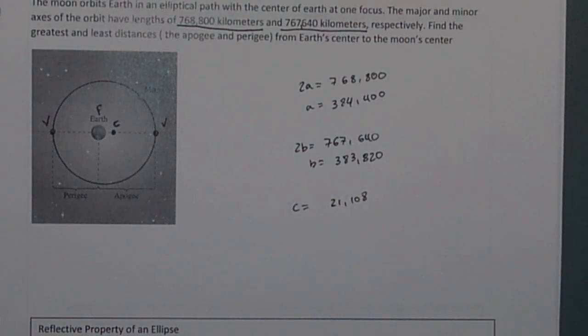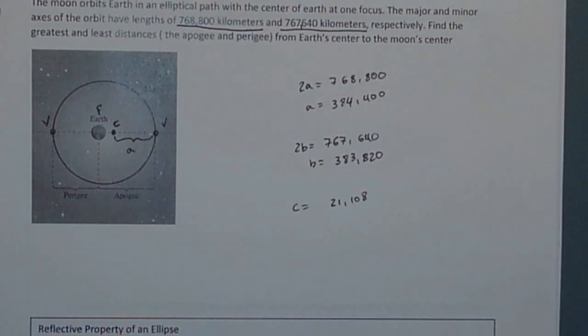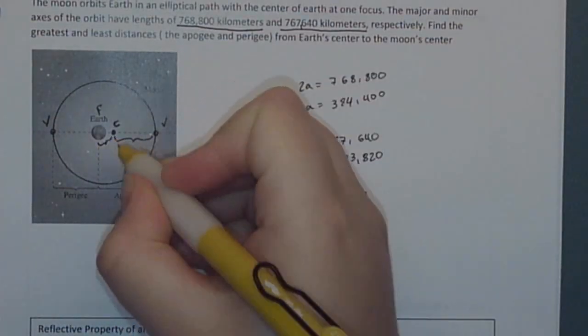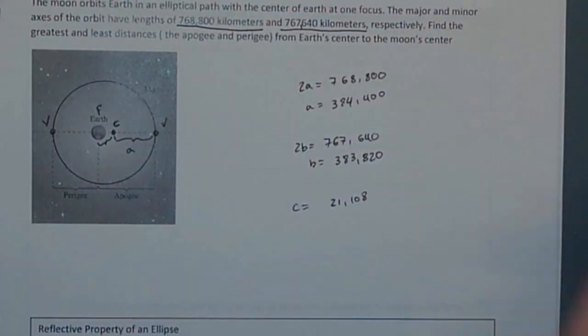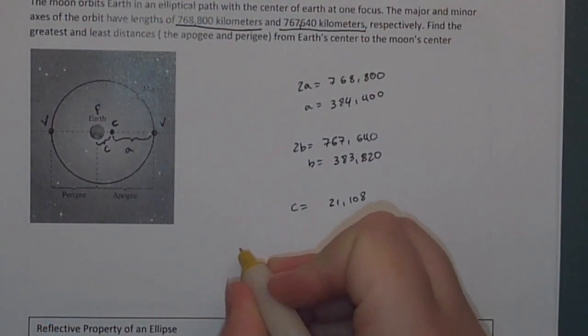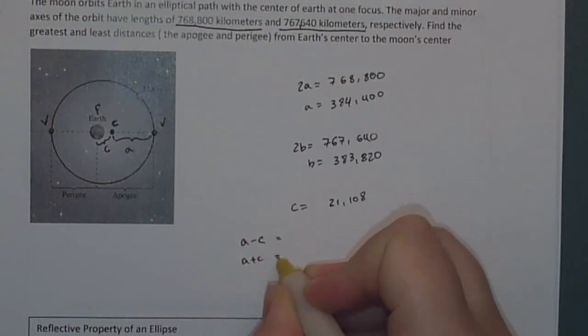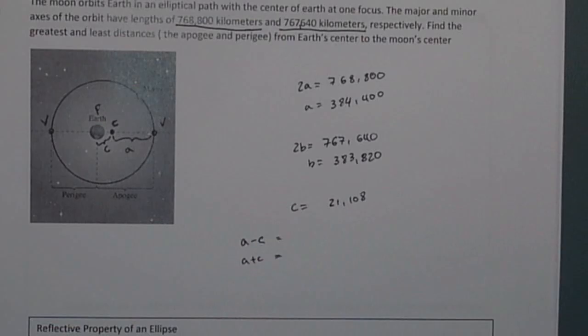So since the Earth is at the focus, the distance from the center to vertex is a, but from the center to the focus, that would be c. So if we're finding the least and the furthest distance, we would be doing a minus c and a plus c.